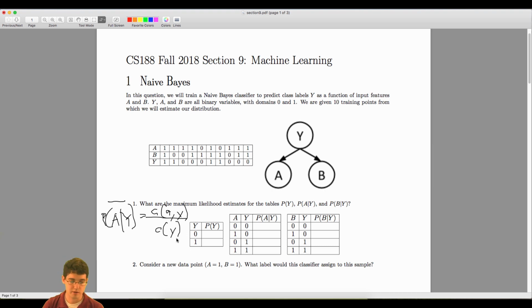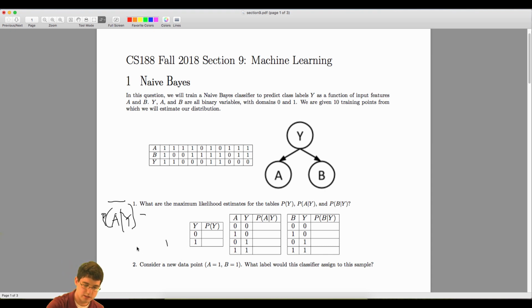And this looks similar to our probability rule for conditional probability. This looks like P of A comma y over probability of y. But we're going to use the empirical counts in order to estimate this, rather than any sort of actual probabilities.